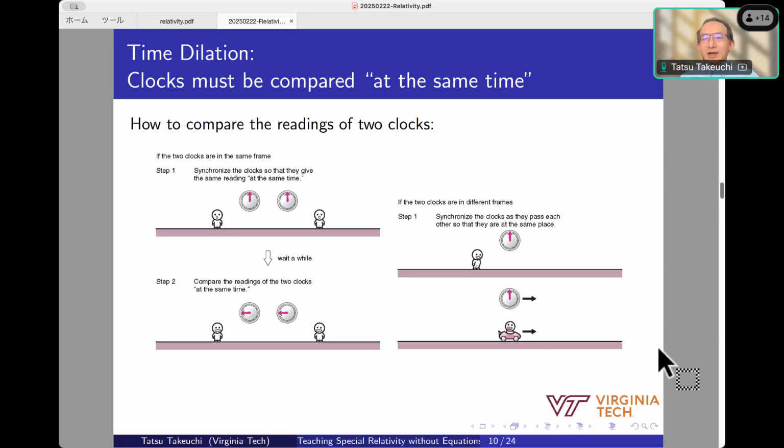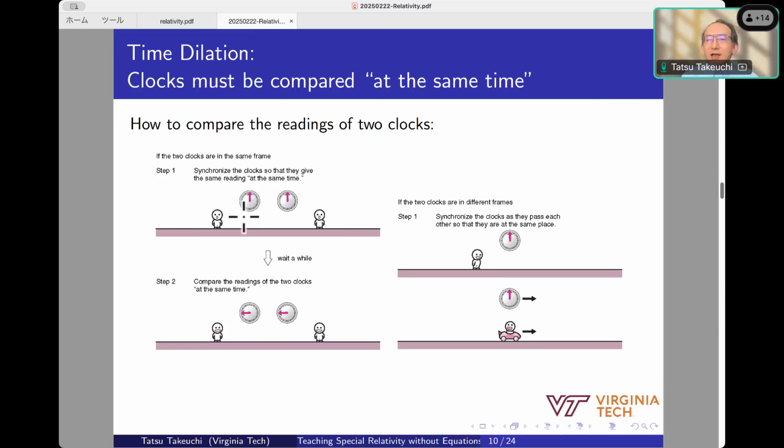Like if I want to compare whether my watch is running properly against what my smartphone is telling me, then I would put my smartphone and my watch side by side and read the readings at the same time, and first check that they're giving the same reading initially.